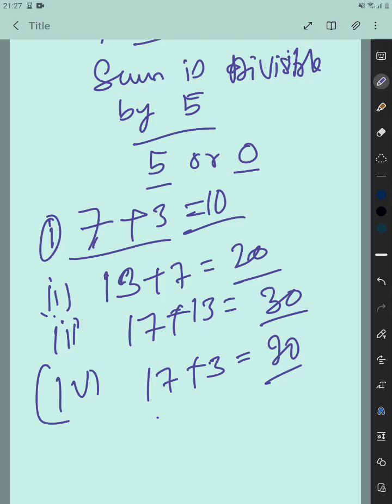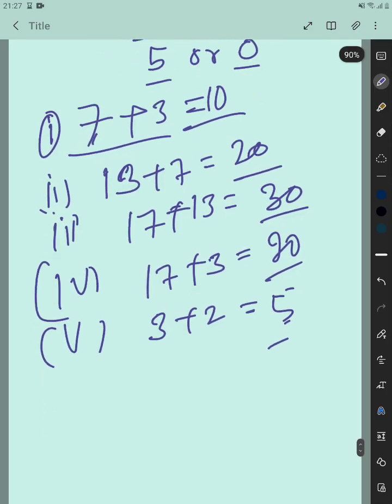It is saying 5 pairs of prime numbers, it is not saying odd prime numbers. So 2 can also be taken if required. So 3 plus 2 you can take. This is 5 and can be divided by 5. So this is the answer of question number 11.